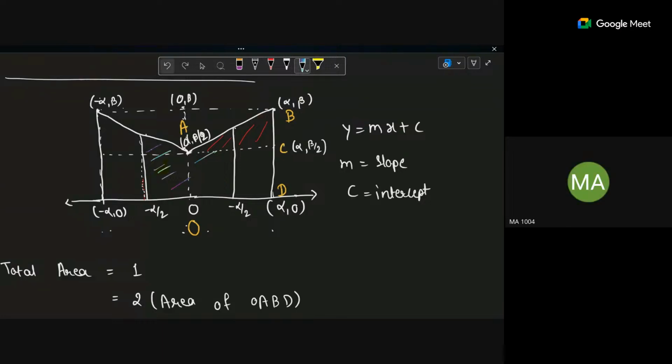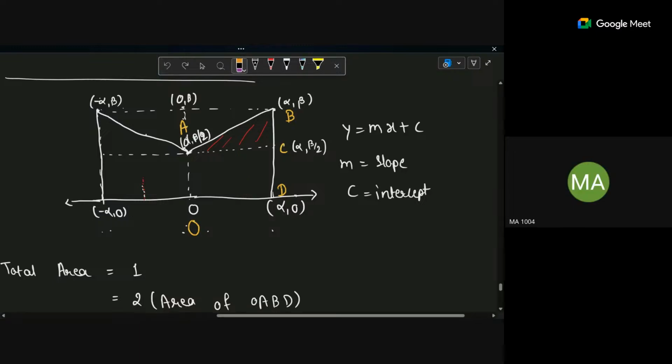So now how to go with that? First, we'll find the point beta at alpha by 2 on that line. The area of a trapezium.